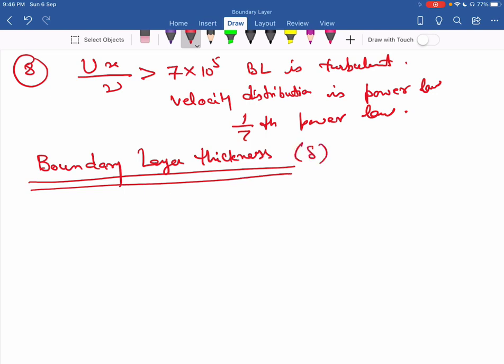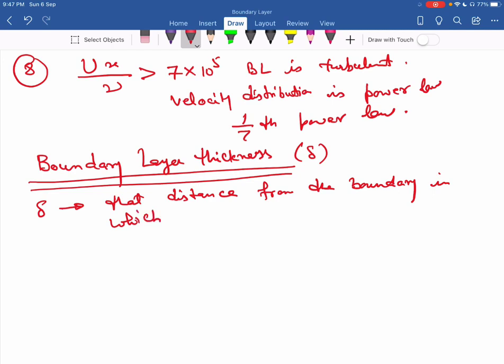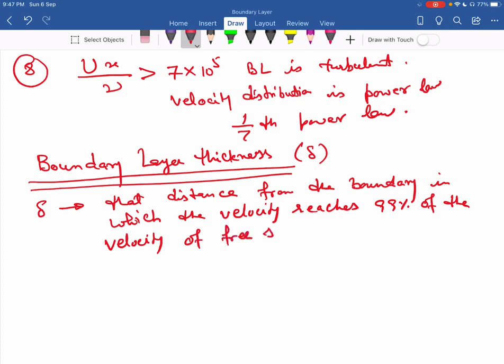To define it, we have a definition: delta is defined as the distance from the boundary of the plate in which the velocity reaches 99% of the velocity of the free stream.